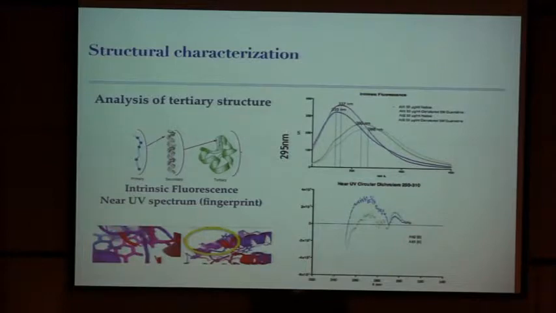Well, maybe it's the tertiary structure. The tertiary structure is the way that all the secondary structure elements are arranged. For this, I did two different experiments. The first one is intrinsic fluorescence. With intrinsic fluorescence, you can know if your protein is in a native state. Normally, native proteins have a maximum at 333, 338, 339 nm, in this range.